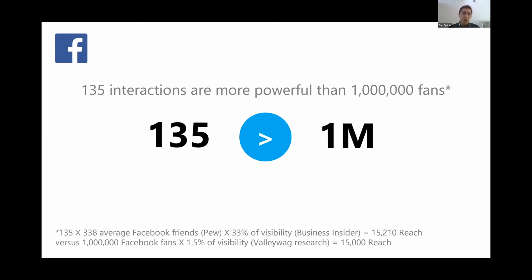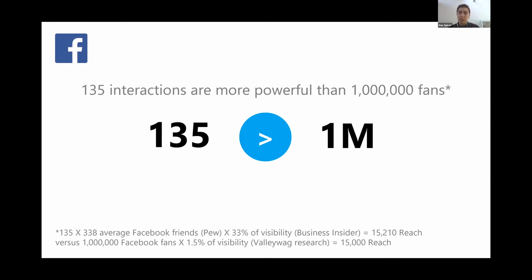So if you've worked hard to get 1,000 Facebook followers on your business page, the maximum amount of people that will see that post is 15 people of those thousands. If you have 1 million Facebook fans, as per this slide on screen, the maximum you'll be able to reach is 15,000. However, if a person likes, comments on or shares a post on Facebook, that can go up to 33% of their personal network.